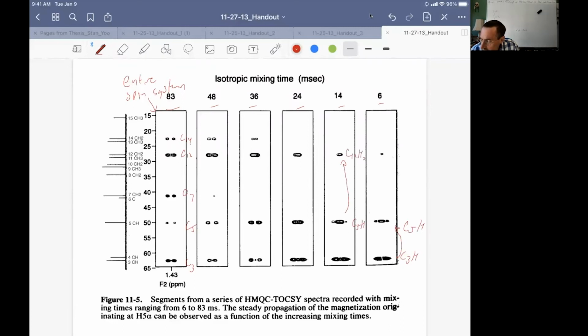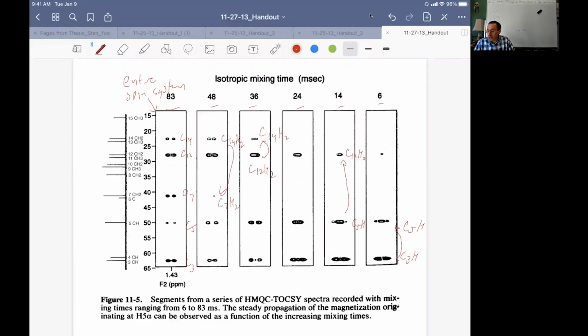We continue to 24. That cross peak is well developed. We go to 36 and we go from C12H2. Now C14H2 starts to come up. As we continue to 48 milliseconds, now we go from C14H2 and we see that C7H2 has started to come up.